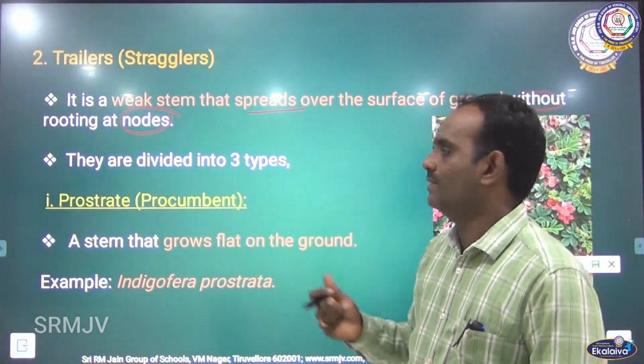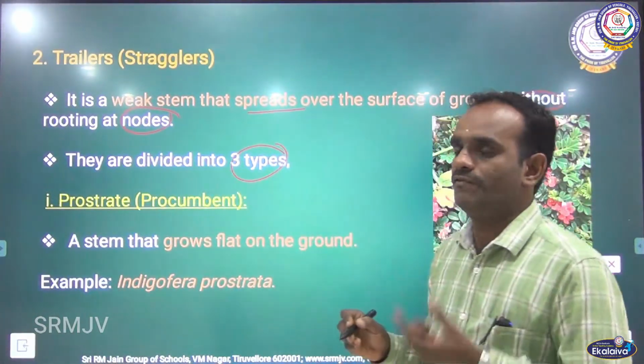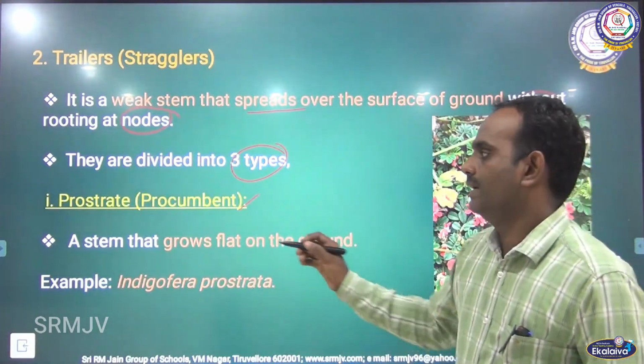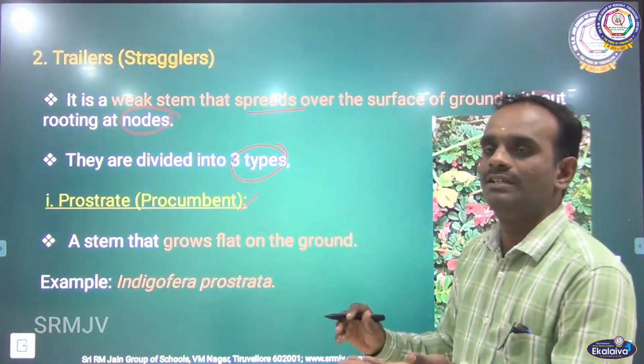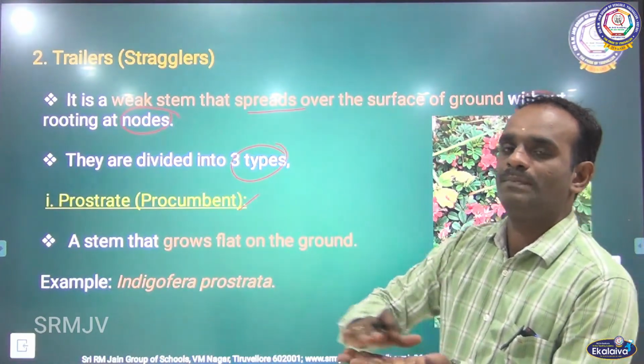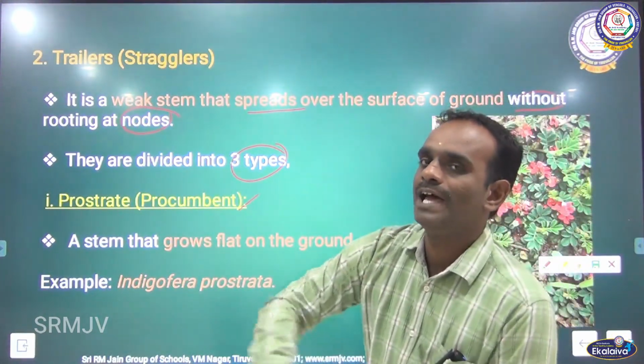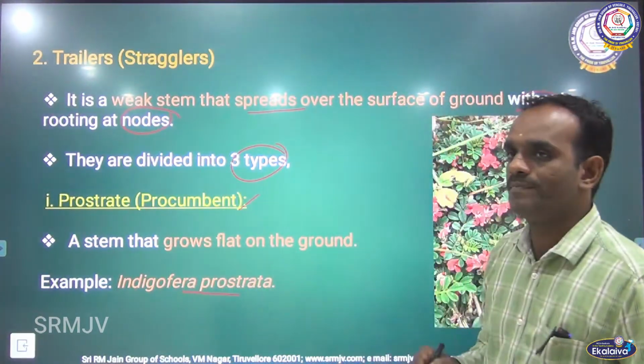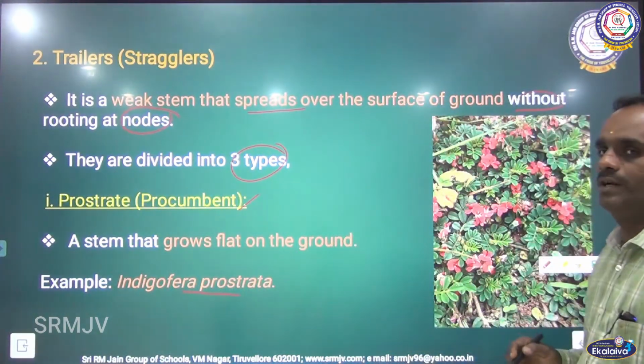The trailers are divided into three types. The first one is prostrate or procumbent, a stem that grows flat on the ground. Example is Indigofera prostrata. See the picture of Indigofera prostrata.